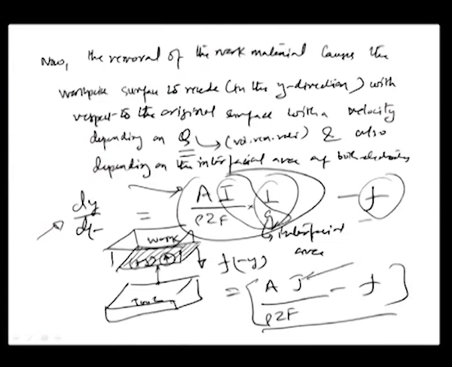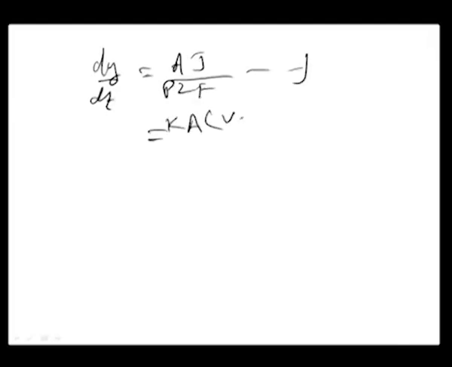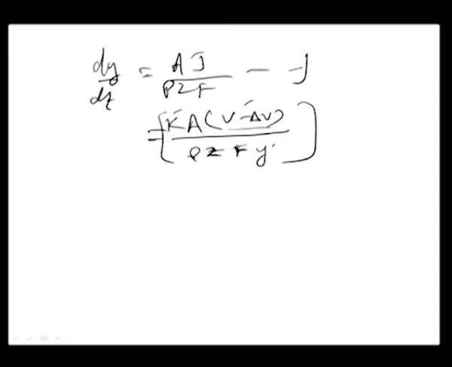And of course, we have already found out what this j value would be. So, we can say that dy by dt equals A j by rho ZF minus f, which can be written as K A times (V minus delta V) divided by rho ZF, where K (V minus delta V) by y is the current density, minus f.